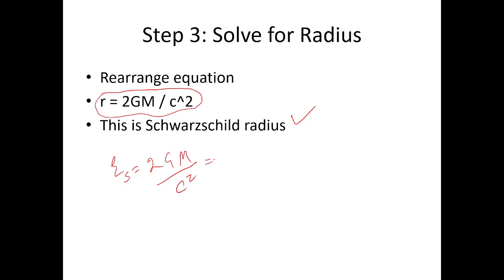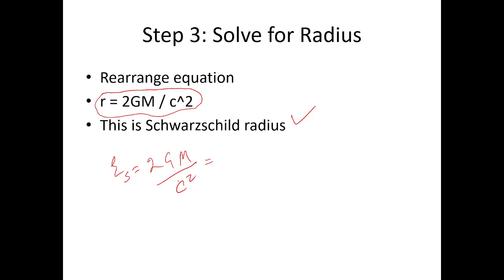We will see that the radius is about 8 centimeter. So calculate it. Put G and mass of earth and velocity of light, and calculate it for the earth.